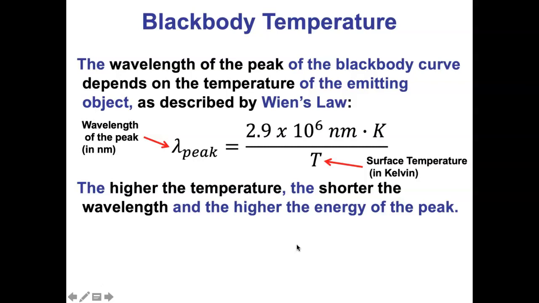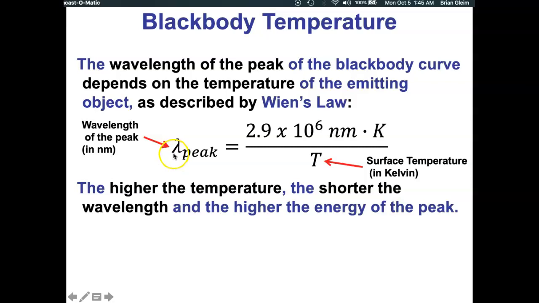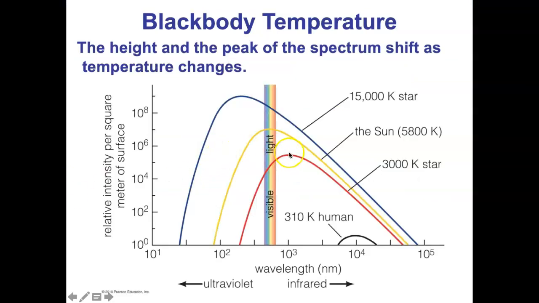There's a simple relationship between the temperature of that object and the brightest wavelength, the peak wavelength we're calling it here. This lowercase lambda, by the way, is the symbol for wavelength in these equations. So lambda with the subscript peak is the wavelength at which the star is brightest, here, or here, or here.